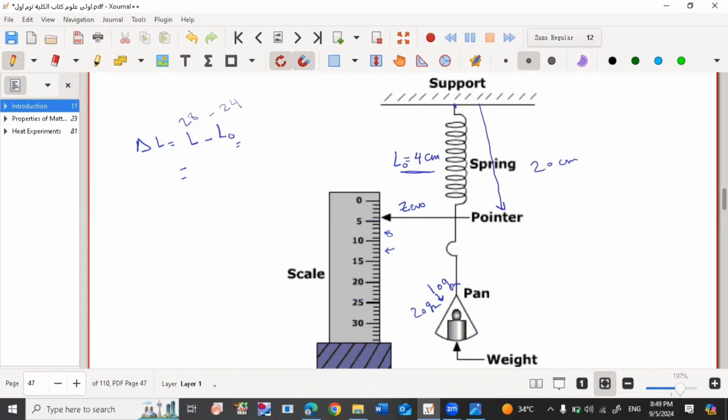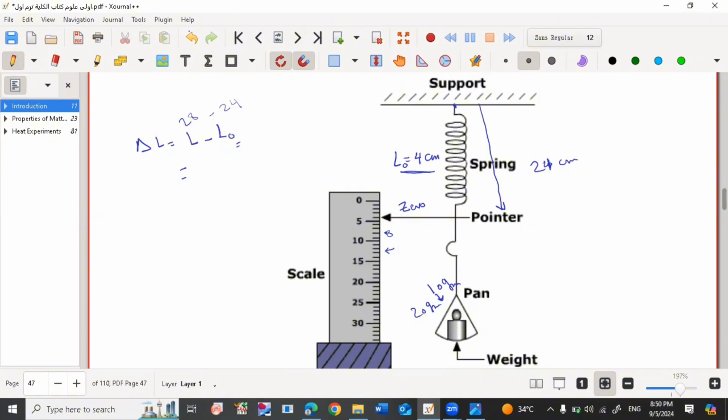As you are going to say this 20 is related to this spiral spring, and the weight of the band caused this to be 4. So this totally means 24. And this is an error in our experiment. It will be a fixed error, so it will not make any problems. So 28 minus 24.